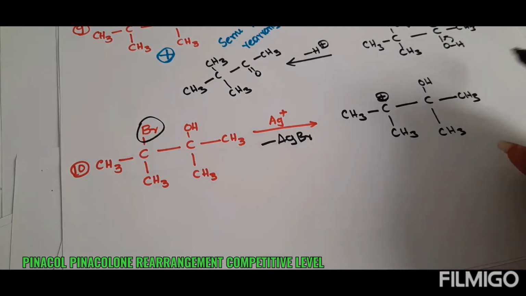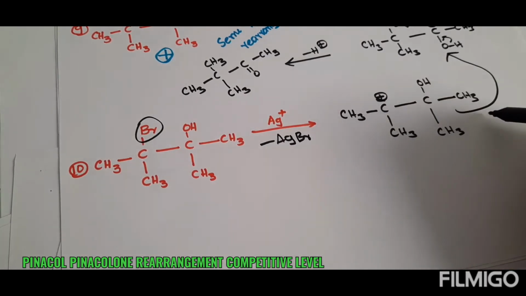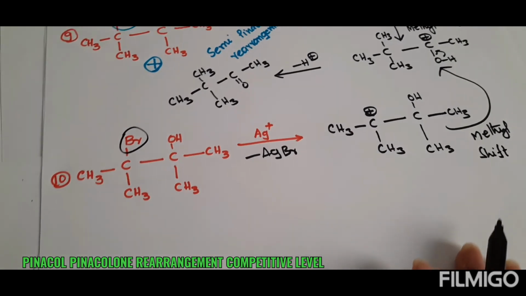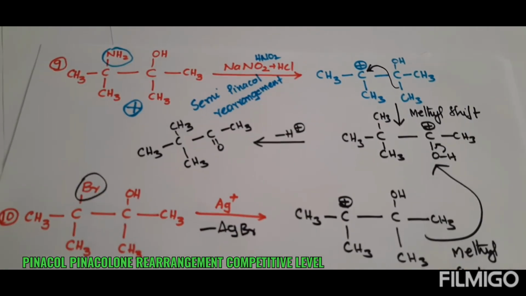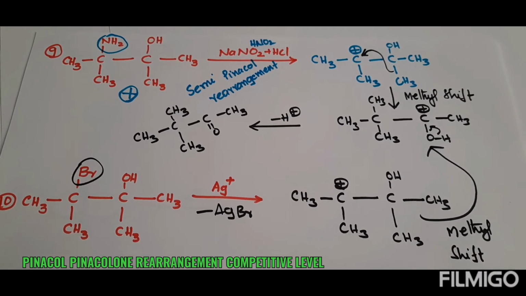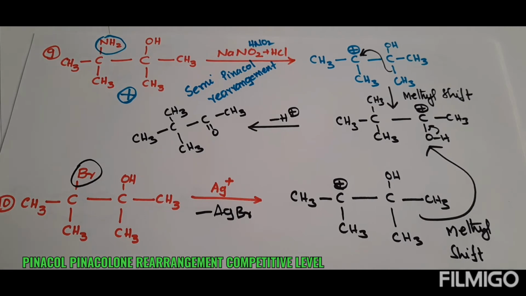Here also a methyl shift will take place. Right? Once the methyl shift is formed, the reaction will run similarly. So these are the examples for pinacolone rearrangement reactions, right?